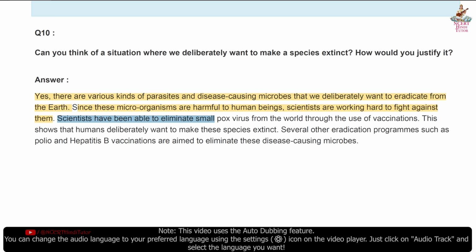Scientists have been able to eliminate smallpox virus from the world through the use of vaccinations. This shows that humans deliberately want to make these species extinct. Several other eradication programs, such as polio and hepatitis B vaccinations, are aimed to eliminate these disease causing microbes.